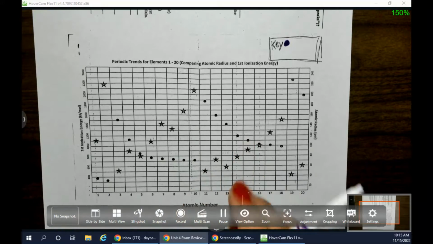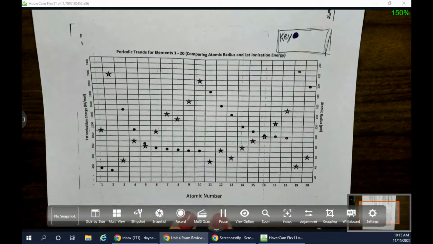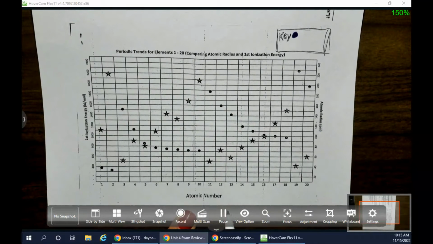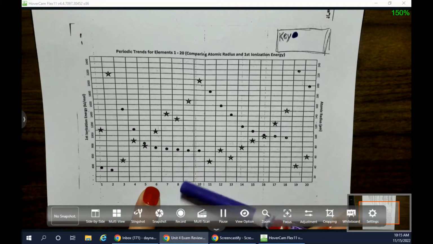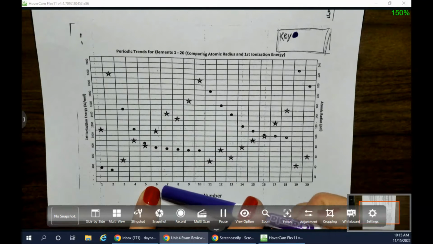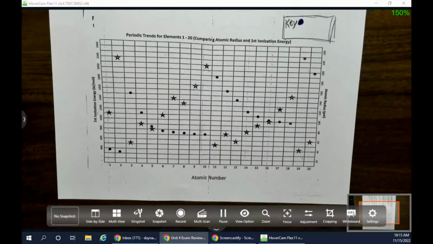The other thing I want to make note of is that you do have your title. That's cool. But then if you notice, we have an x-axis, that's normal. So atomic number. If this is atomic number, what does that mean number 6 is talking about? Any ideas? Or do you know where you would look?